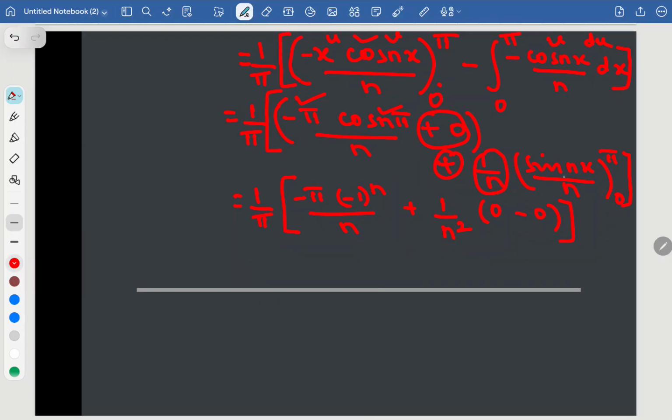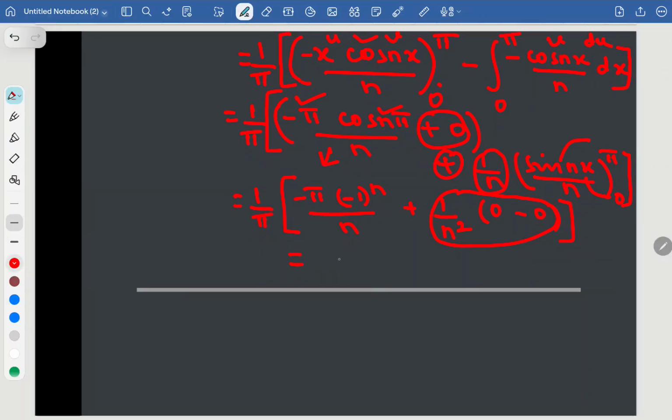Therefore, if you substitute the limit, upper limit sin n pi, lower limit 0, upper minus lower, 0 minus 0. For this part, minus pi cos n pi is minus pi times minus 1 power n by n.